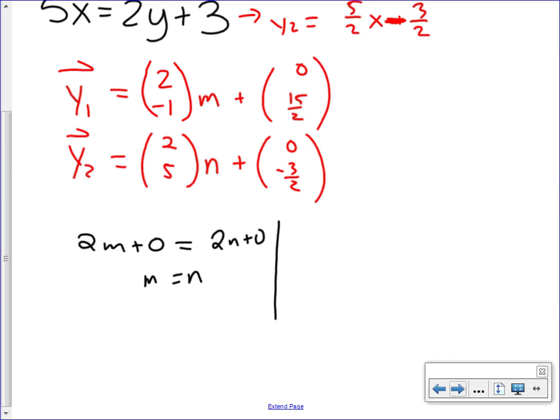So boring. -1m plus 15 over 2 is equal to 5n plus -3 over 2. Since m and n are the same thing, -1n plus 15 over 2 is equal to 5n plus -3 over 2.